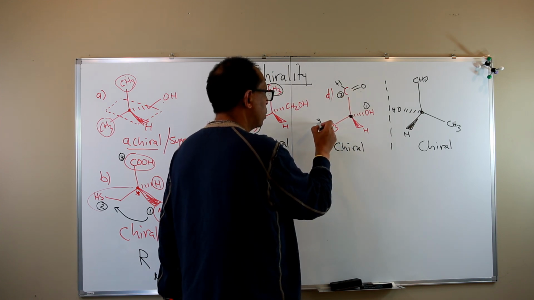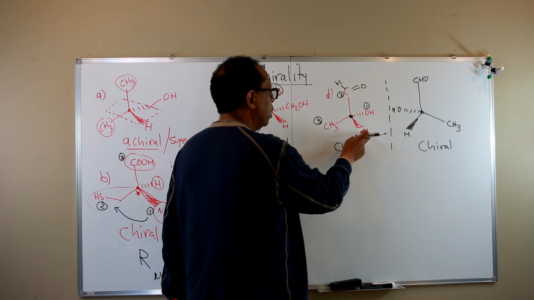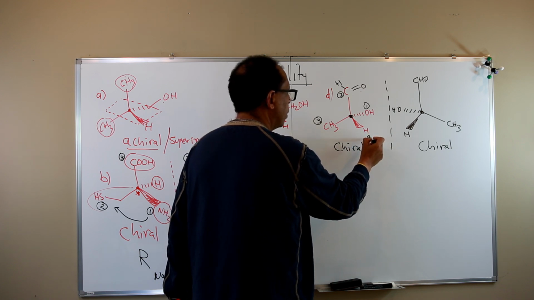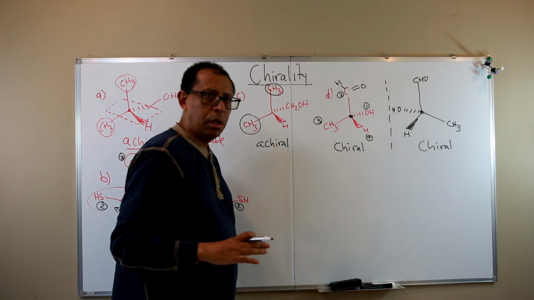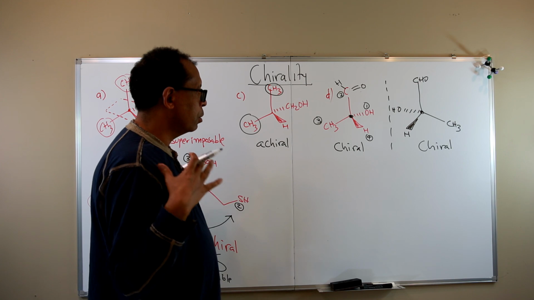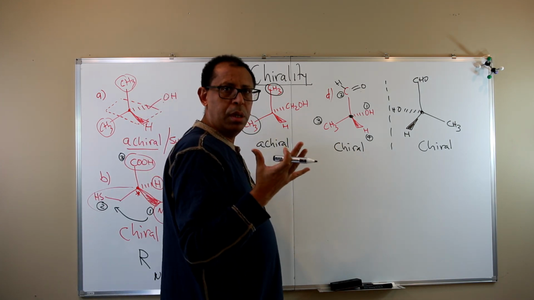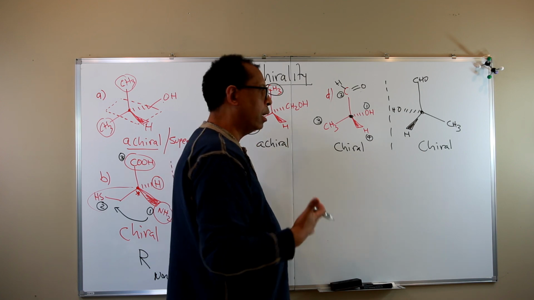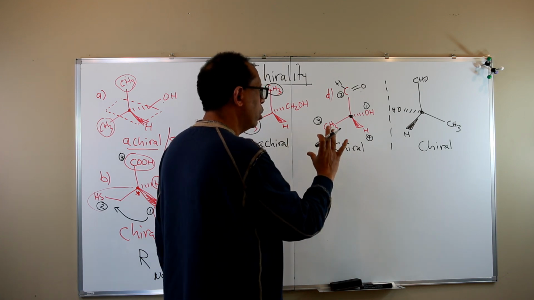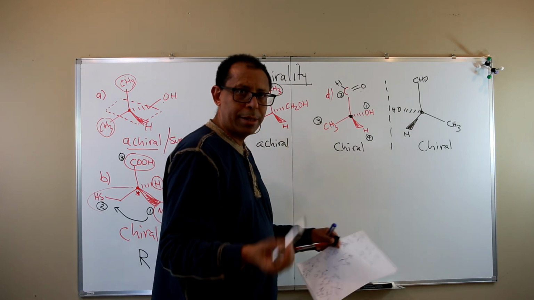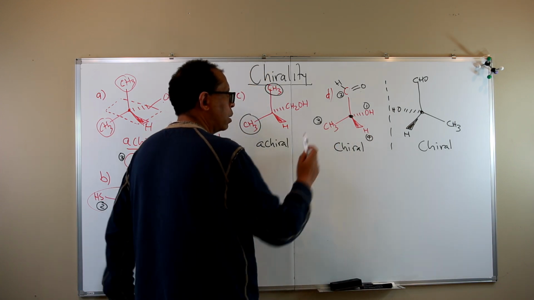This is number 3. Here hydrogen is number 4. So the lowest group, which is hydrogen, is in front of us, but we want to push hydrogen to assign R and S. We always push the lowest priority atom to the back.